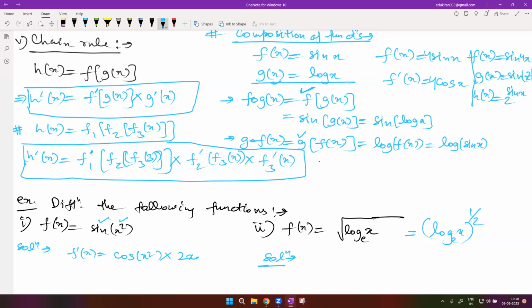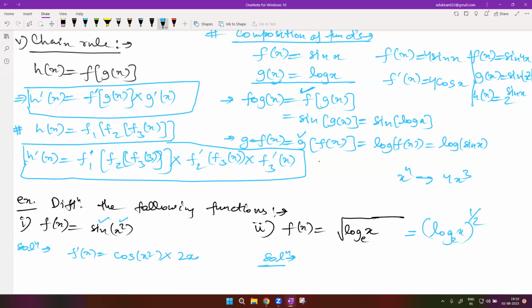The formula was: take the power outside and reduce the power by 1. If I wanted to differentiate x to the power 4, the differentiation was 4x cubed. Similarly, if an expression is subjected to a power, the first function is that power. So we'll deal with the power, and after that we'll move inside and start solving other things, right?